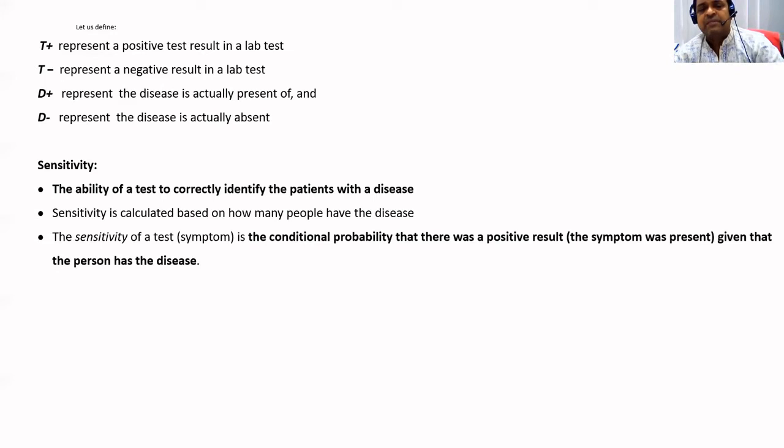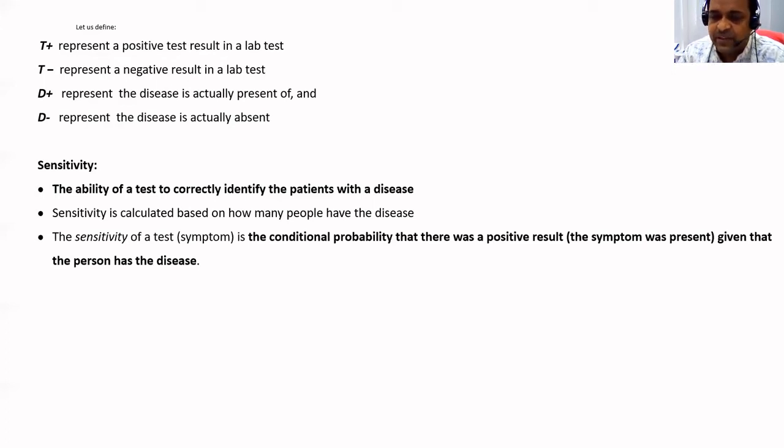So sensitivity is the conditional probability that the test result is positive, given that the person actually has the disease. Sensitivity is nothing but the conditional probability that the test result will be positive given that the person actually has the disease.